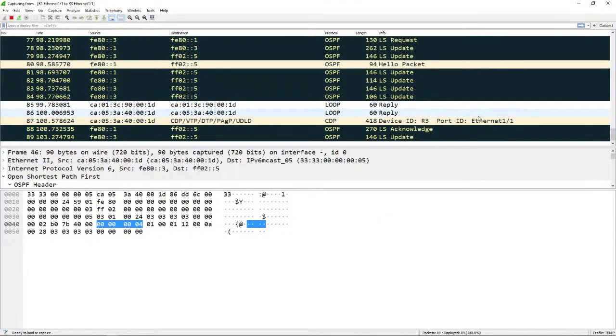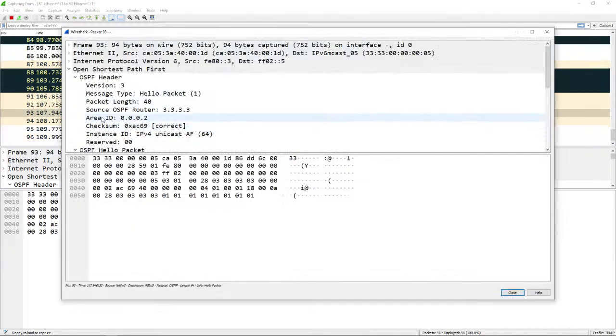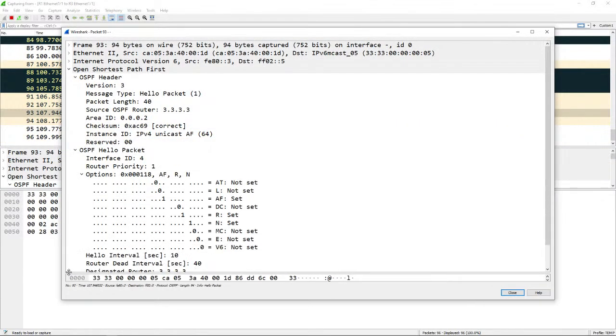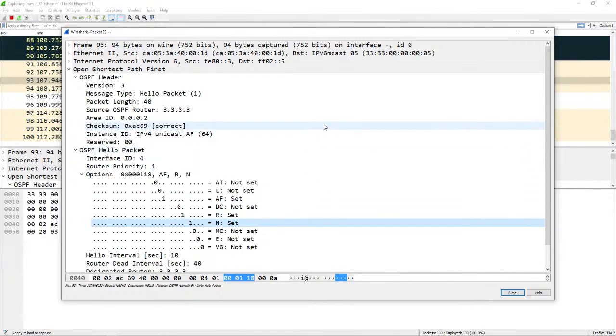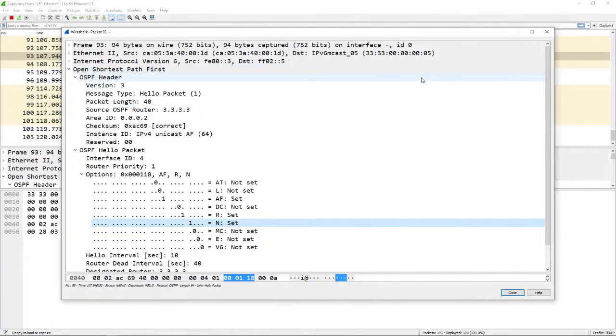So now if I go back to my captures here, I should see in the hello packet from router 3 that that N bit is set. So that's the flag that has to be set for them to be able to form that adjacency. All right? Not so stubby area.